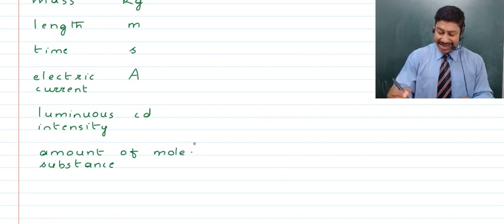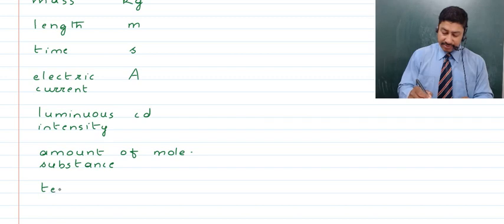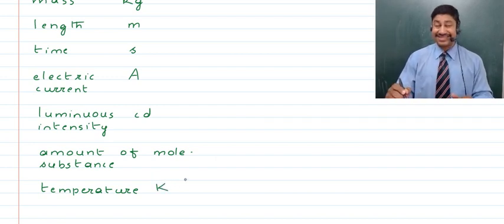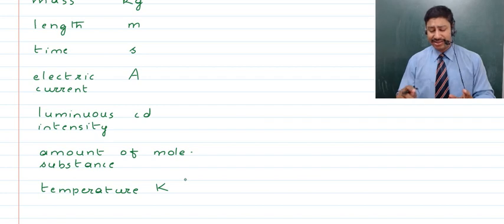After this, children, next we have another physical quantity by the name of temperature, right, and its unit is Kelvin. Again, this is in the name of a scientist, right, and thus it will be written with capital K.